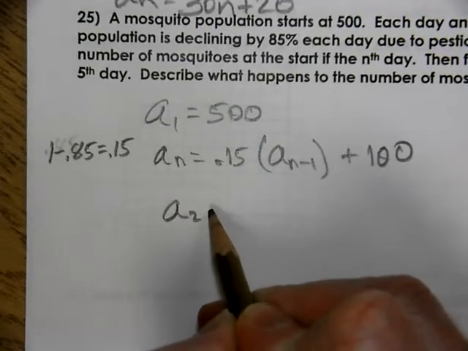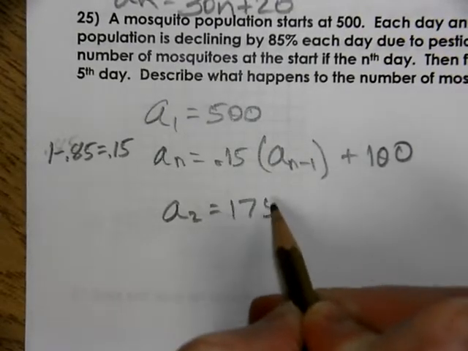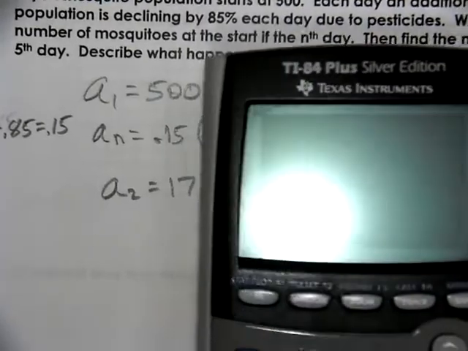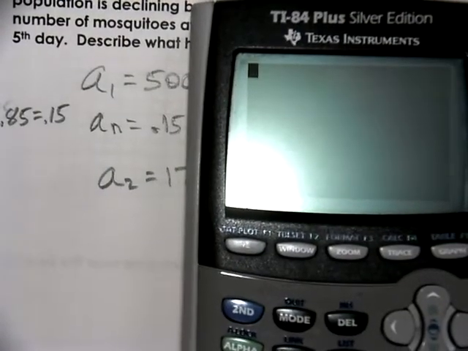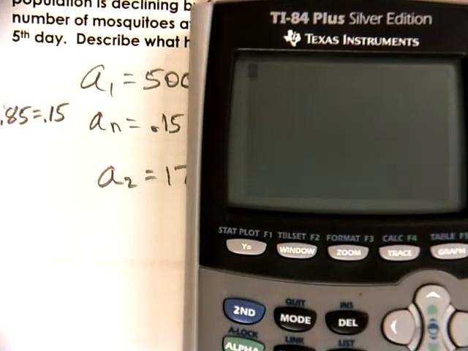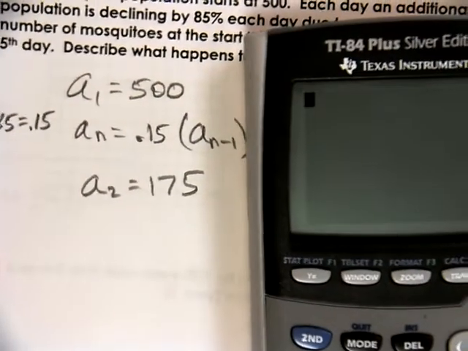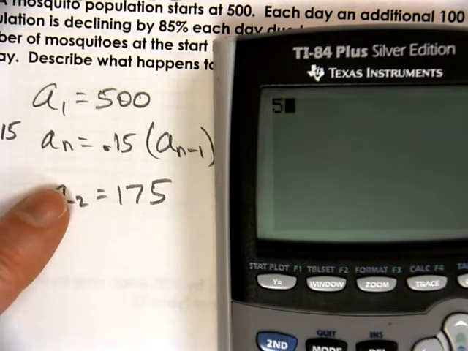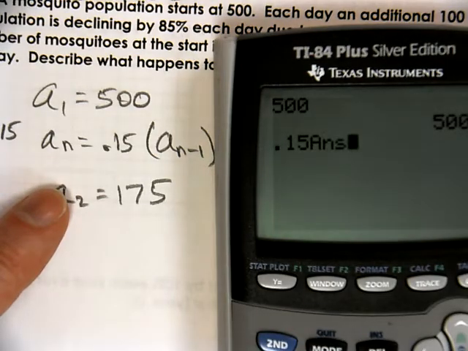So on the second day, we're going to have 175. We take our 500, and we take 0.15 times our previous answer plus the 100.